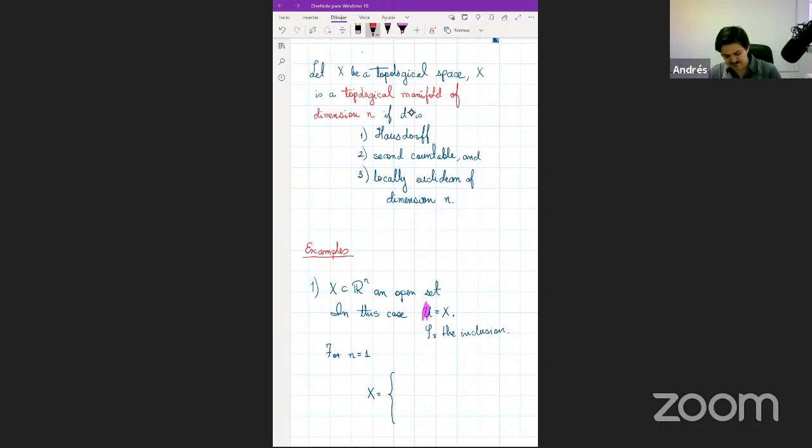Right, so this would be either an interval like this, or something like this, right?